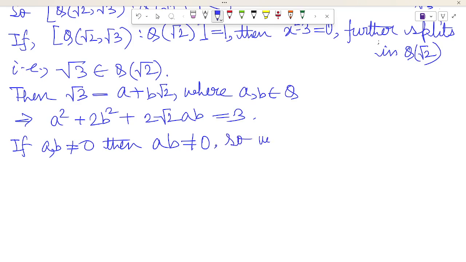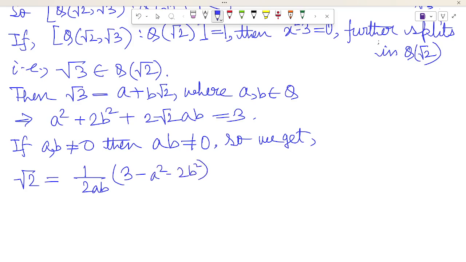So we get root 2 equal to 1 by 2ab times (3 minus a square minus 2b square), that thing, which is a contradiction.